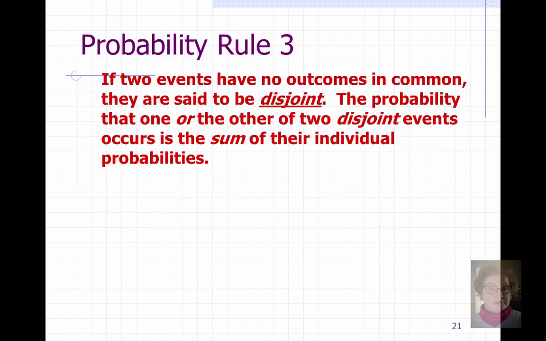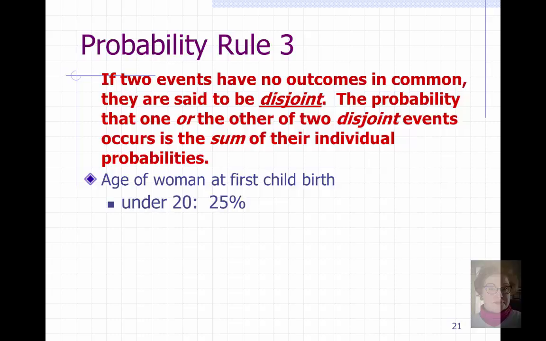Probability rule number 3 says that when things can't happen at the same time, if one or the other happens, it's the sum of their individual probabilities. So if we want to look at the probability of the age of a woman at first birth, we gather the data and we find that 25% of all new mothers are under 20. 33% of all new mothers are between 20 and 24.